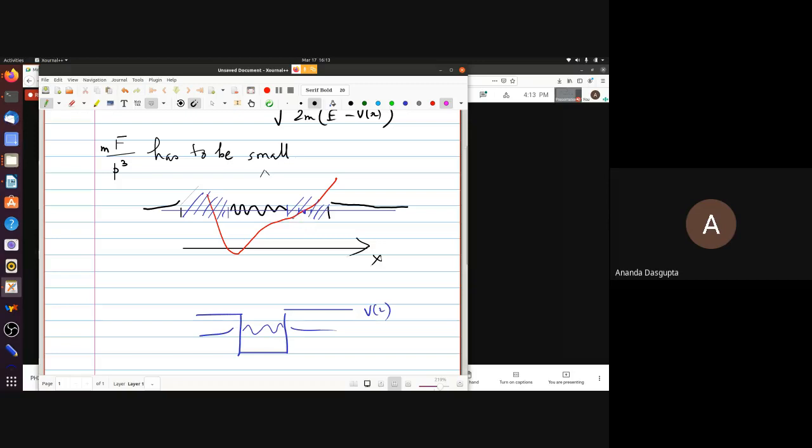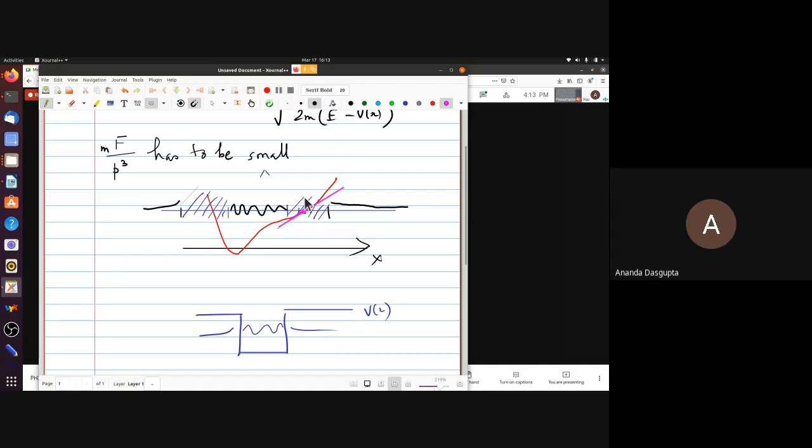So in the immediate vicinity of the turning point, the potential looks like a straight line. So I can actually find the exact solution to the wave function, exact within quotes after all. But remember, I've already made an approximation here. I'm approximating the potential in the immediate vicinity of the turning point by a straight line potential. Within the context of that approximation, I have an exact solution, which is via Airy's equation.